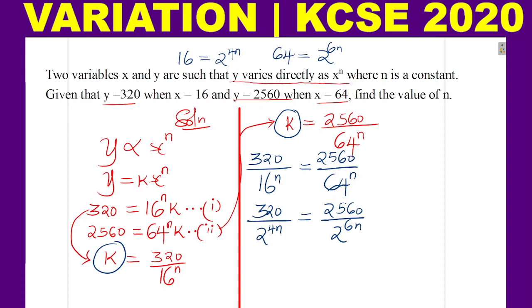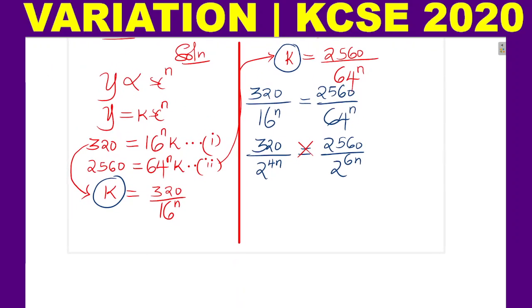And then from there, we can cross multiply like this. So we have 320 times 2 raised to power 6n is equal to 2560 multiplied by 2 raised to power 4n.